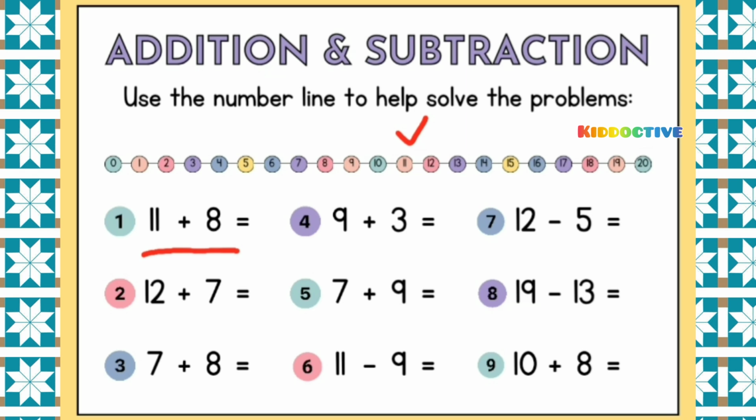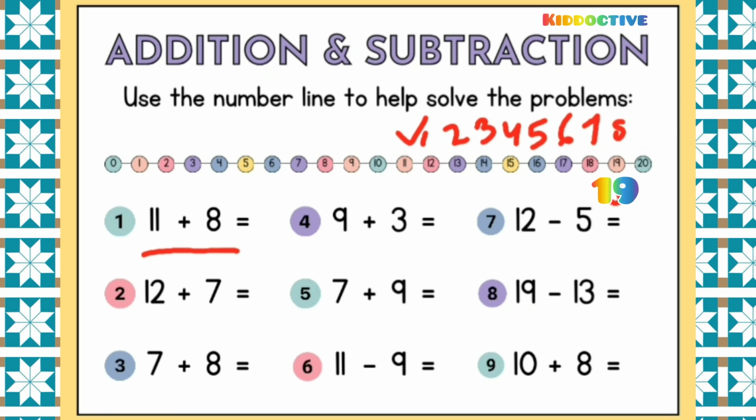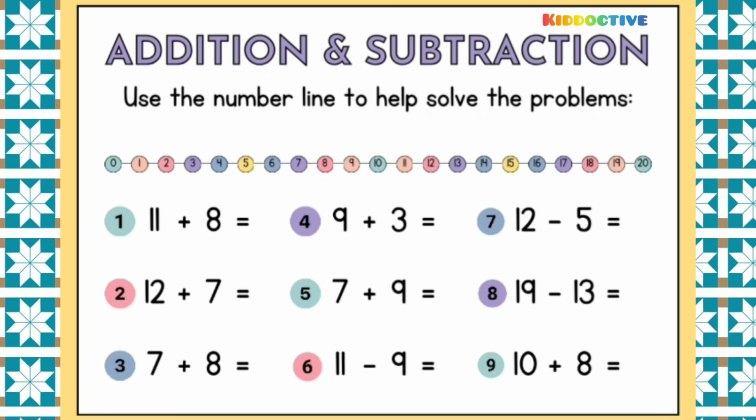So we will add number 8 by counting 1, 2, 3, 4, 5, 6, 7 and 8. So the result is 19.